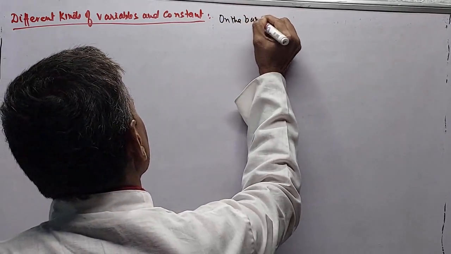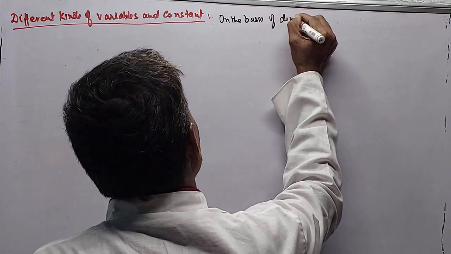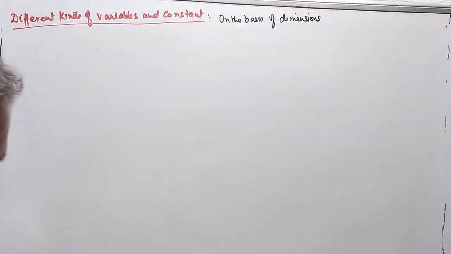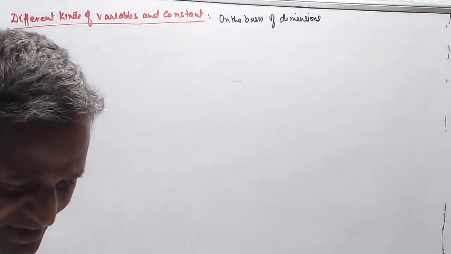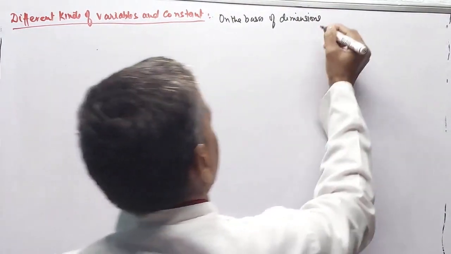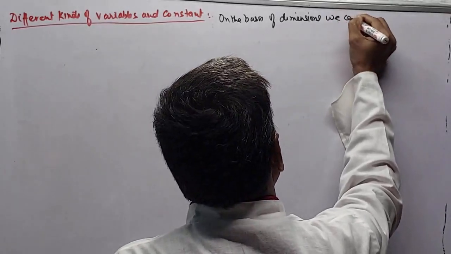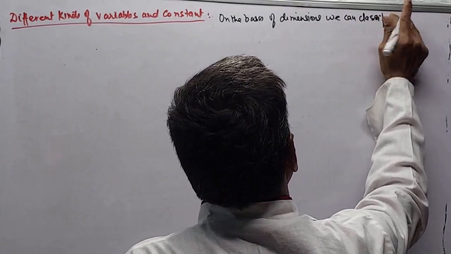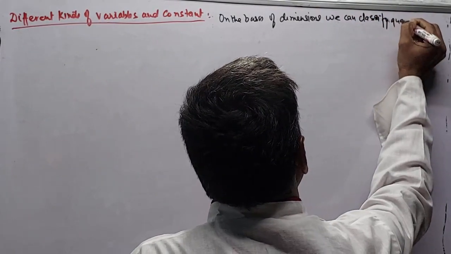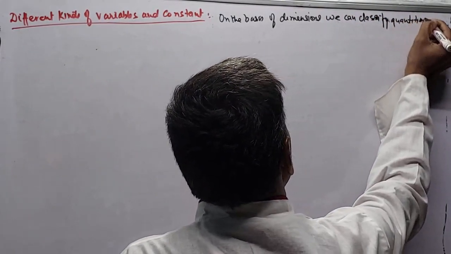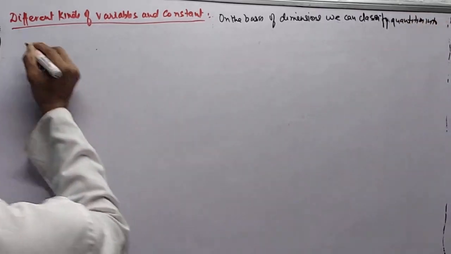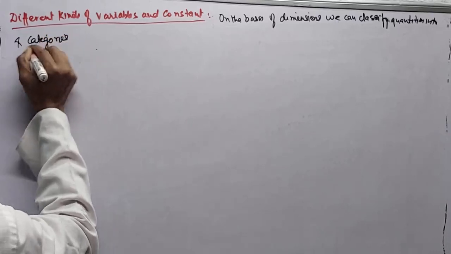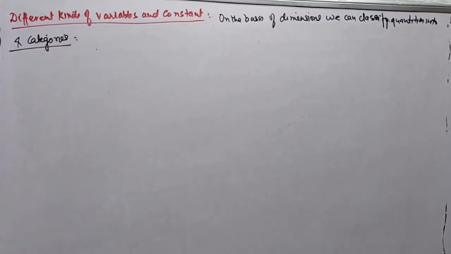On the basis of dimensions, we can classify quantities into 4 categories.